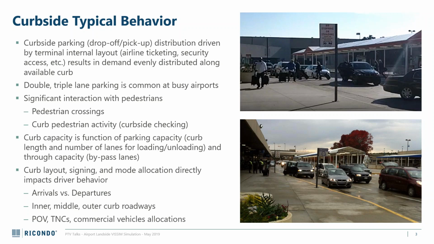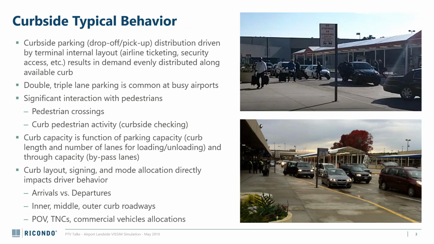So it's not a straightforward type of distribution. Also, it's very common, especially at busy airports, to see 2, 3, sometimes even 4 lanes being used, even though you may have only 1 lane marked for pickup or drop-off. That doesn't matter, vehicles will stop where they need to stop and drop off or pick up a passenger at those locations.